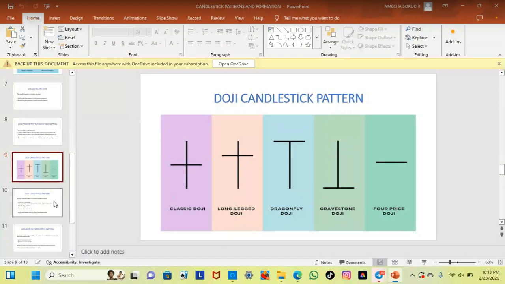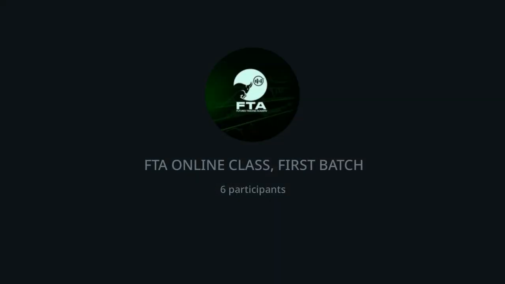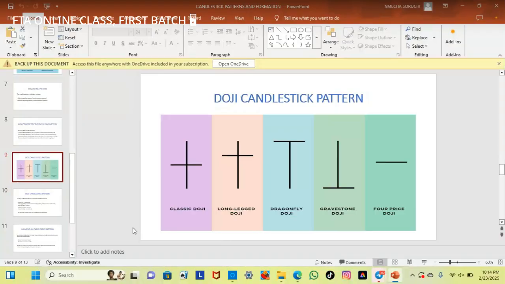The classic doji pattern indicates uncertainty. Whenever you see this classic doji pattern in the market, it is indicating uncertainty. That is, you don't know the path the market is taking.